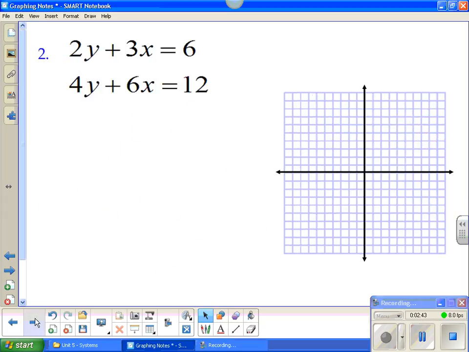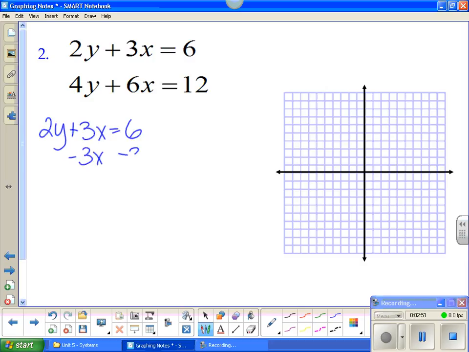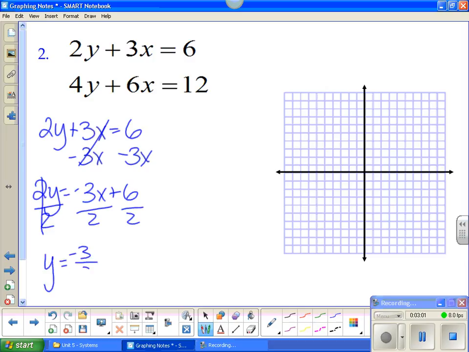Then let's look at number 2. So again, to solve this system, I'm going to solve them both for y. And then I'm going to take this one and solve it for y.